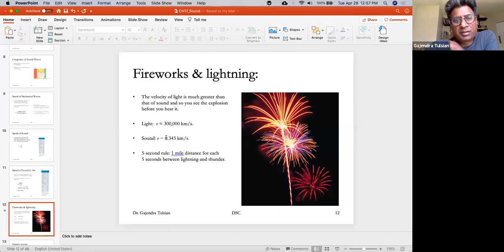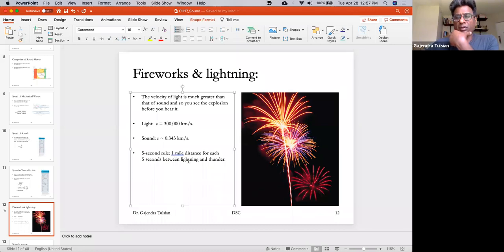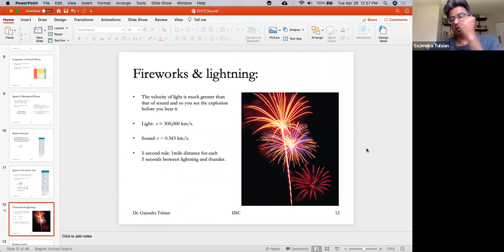So light travels almost 1,000,000 times faster. So here's the 5-second rule. If you hear the thunder 5 seconds after you see the lightning flash, then that means the lightning is a mile away. If you hear the thunder 10 seconds after you see the lightning flash, that means the lightning occurred 2 miles away.